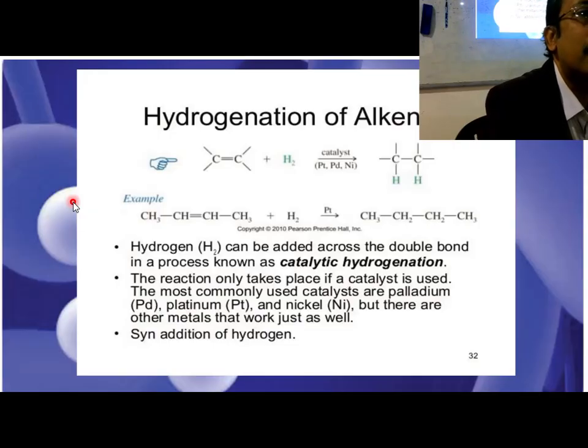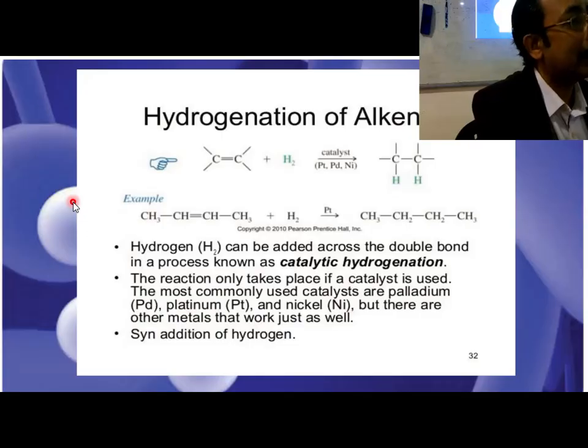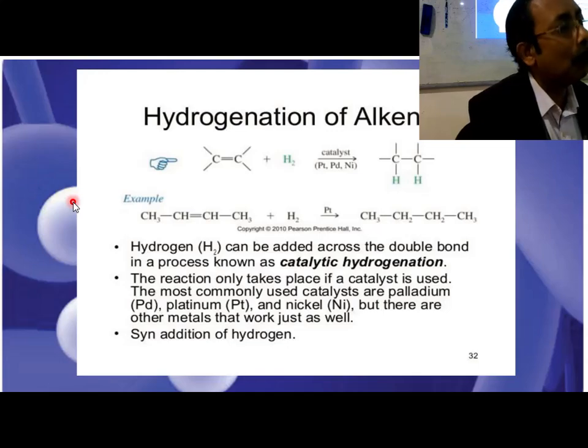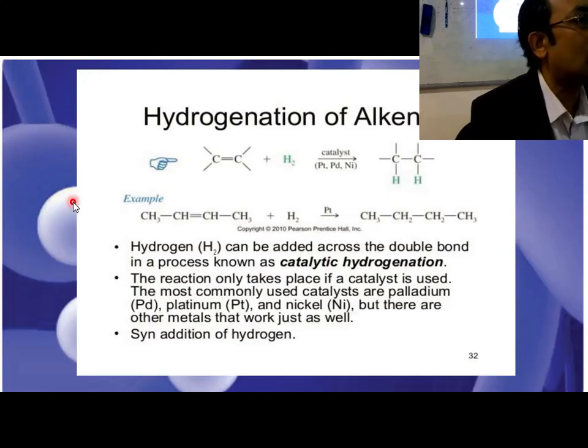You don't normally find atomic nitrogen or atomic hydrogen. Atomic oxygen, nascent oxygen, you can generate, but nascent hydrogen from the molecule itself is difficult because a lot of energy is required. But it is happening here.